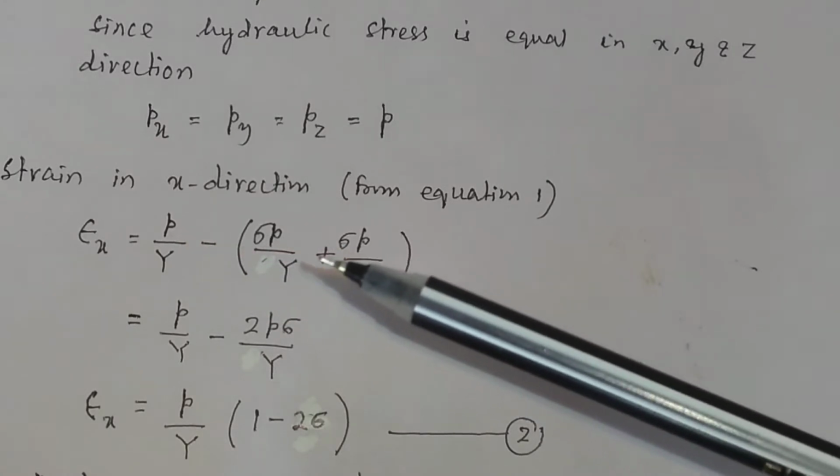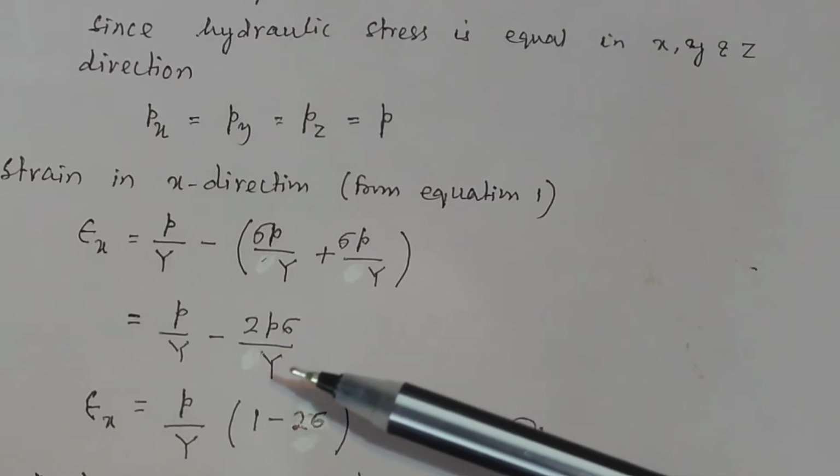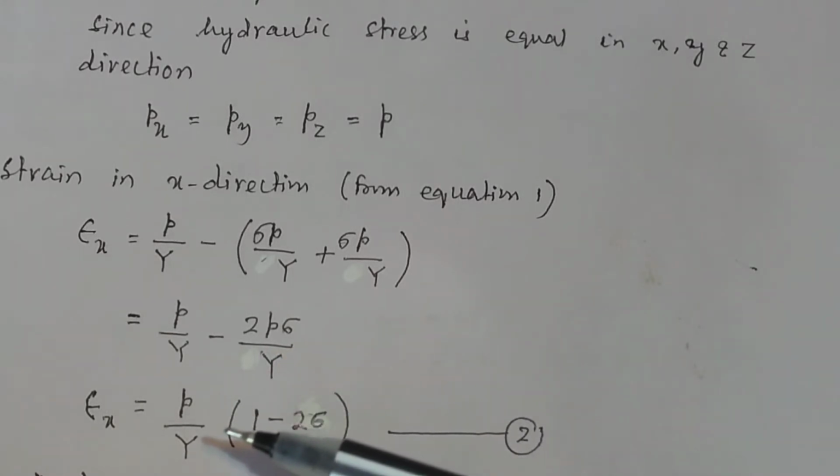So this will be equal to P divided by Y minus 2P sigma divided by Y. So epsilon x will be equal to P by Y, taking common, 1 minus 2 sigma.